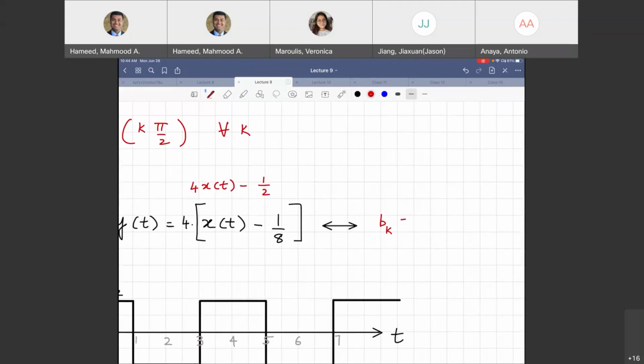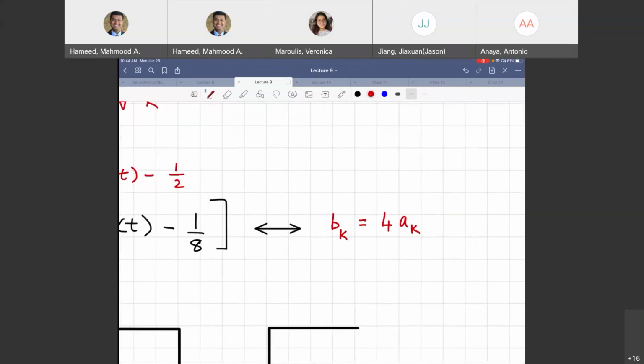What would be b sub k? For 4x of t, will I get 4a_k? How about minus half? Except for k equals 0, right?